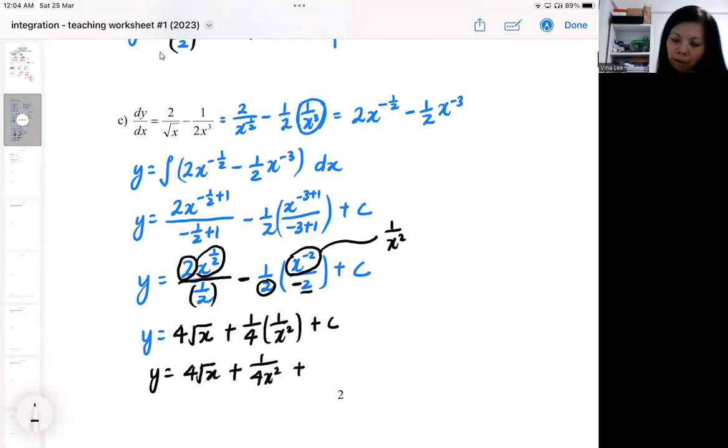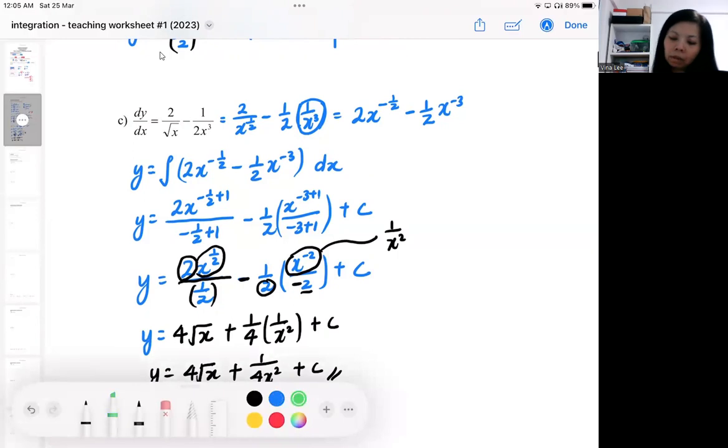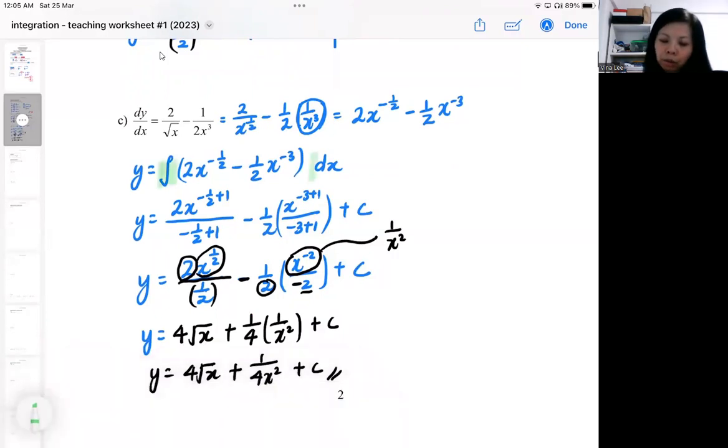You realize you spend more time simplifying indices than the actual integration. And do you realize the moment I apply the formula, so the moment I return the power and divide by the new power, that is the application of the formula. My fork and spoon disappear. So I started off with the fork and spoon.